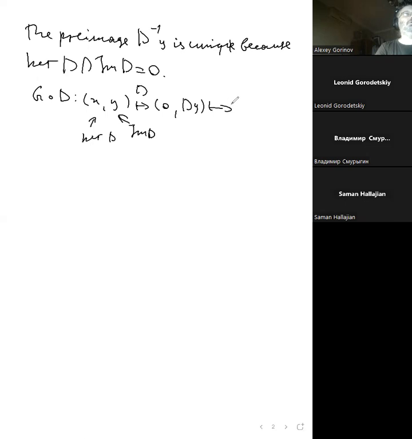Then we get 0 d minus 1 dy, which is 0 y. And the other way around, it works just the same. That's y.